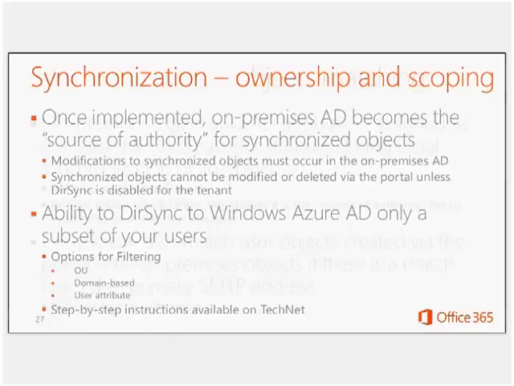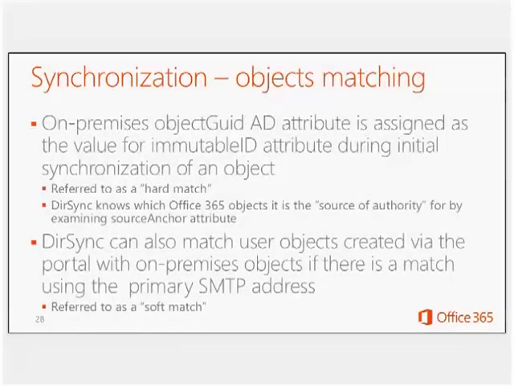So, getting through these text-based slides, powering through it: object matching. I wanted to talk a little bit about hard match and soft match because it comes into play quite a bit when you think of piloting the service. You have a ton of users who you've built on cloud IDs, and now it's time to DirSync. The ability to do that is in play, and it's referred to as a soft match.